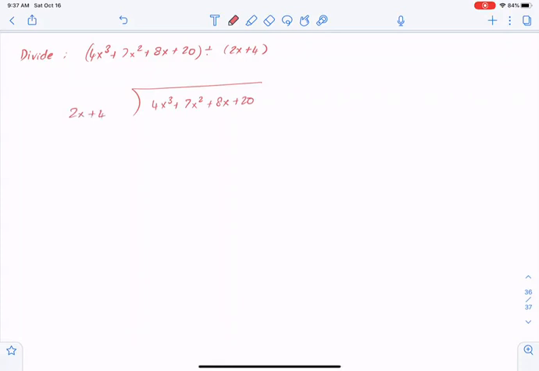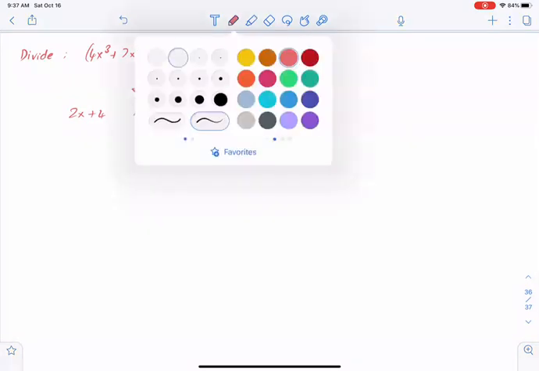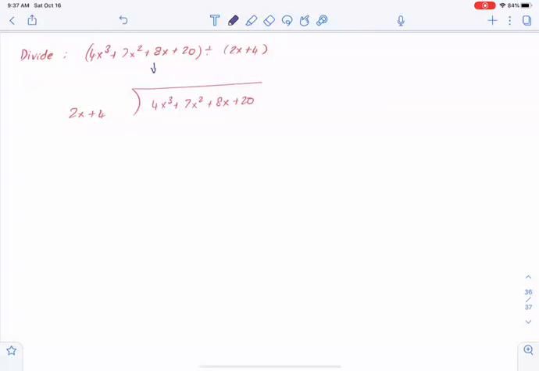So we are dividing 4x cubed plus 7x squared plus 8x plus 20 by 2x plus 4. I've got to multiply by some expression there so that I get 4x cubed, and I'm going to multiply the expression with the first term of the divisor.